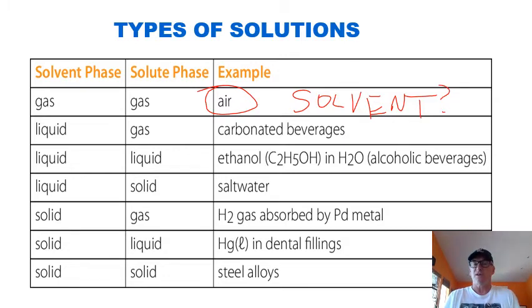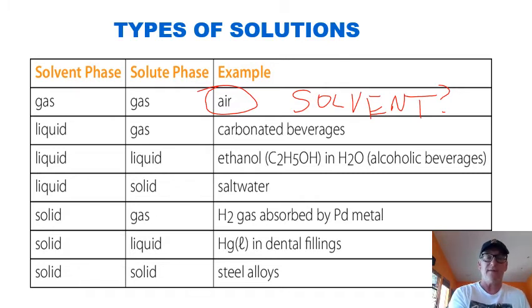So we can also dissolve gases in liquids. Anyone who's drunk soda has had a solution of gas, CO2, dissolved in liquid. Anyone who's had a beer or wine has had a liquid solution of one liquid, ethanol, dissolved in another liquid, water. We can dissolve solids in liquids, of course.